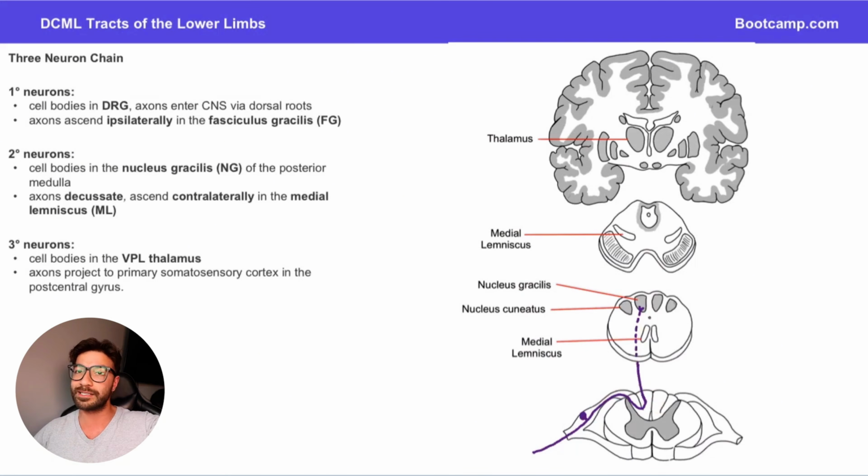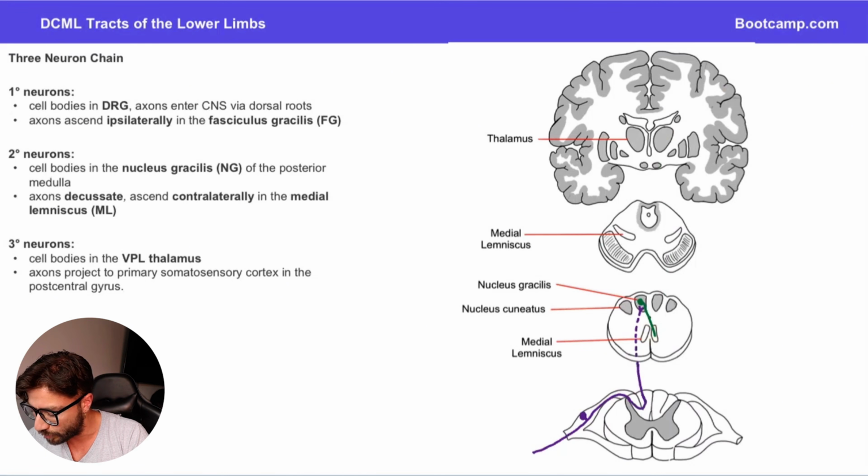It's going to travel the entire way up the spinal cord to the medulla of the brainstem, where it's going to synapse on our second order neuron, which is going to be found in our nucleus gracilis right here. At this point, that second order neuron decussates, or crosses over the midline, and travels through the medial lemniscal system. These two structures right here are representing that medial lemniscal system.